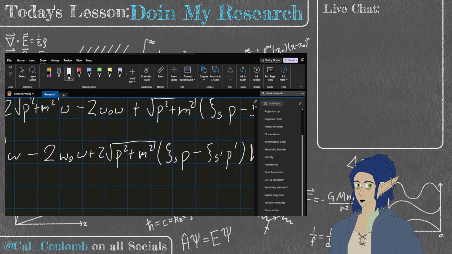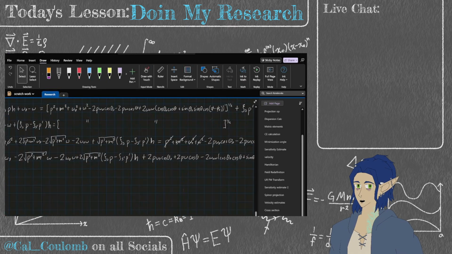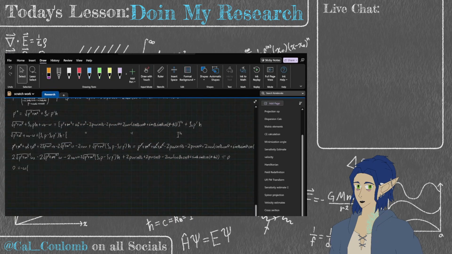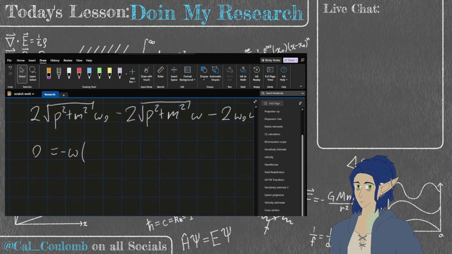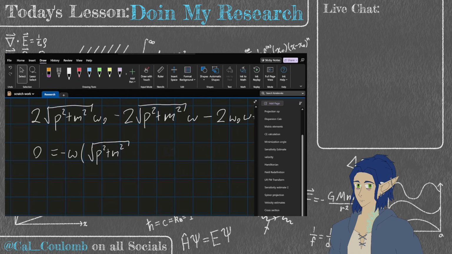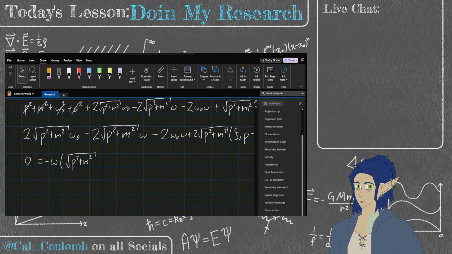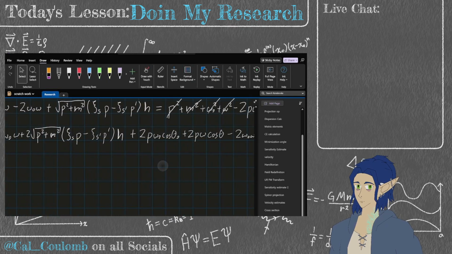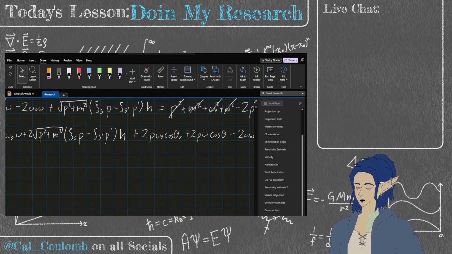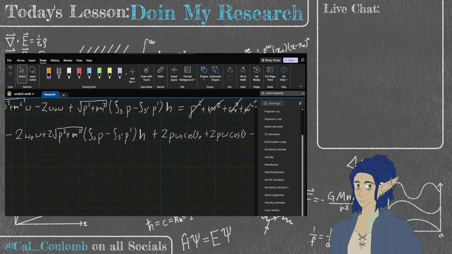So there should also be a 2 here. Everything has a factor of 2, so I'm going to go ahead and cancel all of those out. And so we're just going to be left with p squared plus m squared here. Let's look where our next omega is. So maybe I'll skip ahead to this one. So minus p cosine theta.